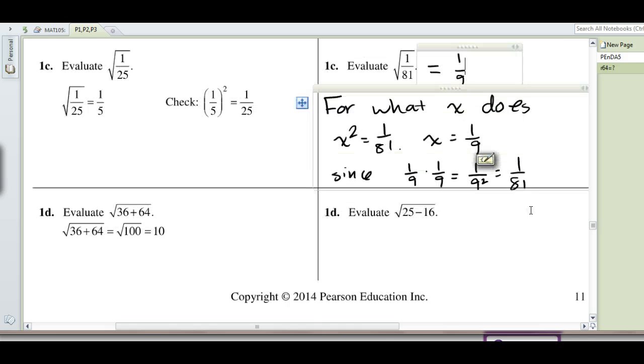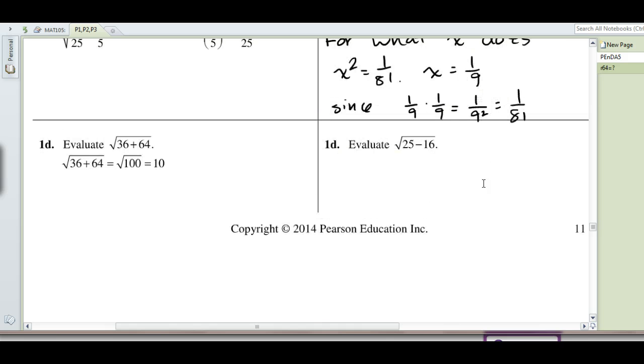Okay, 1D. Anytime you have something underneath the whole square root symbol, we want to do that first. So do 25 minus 16 first. It behaves like it's in parentheses. Then apply the radical.